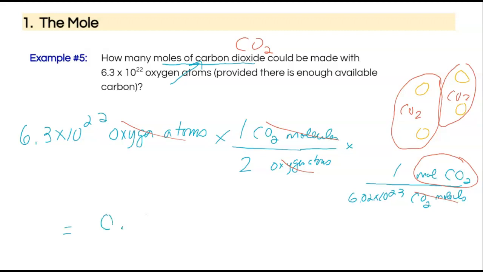I'm getting 0.052 moles, and some of your teachers may want you to convert that to scientific notation, which would give us 5.2 times 10 to the power of negative 2 moles, and that's of CO2.